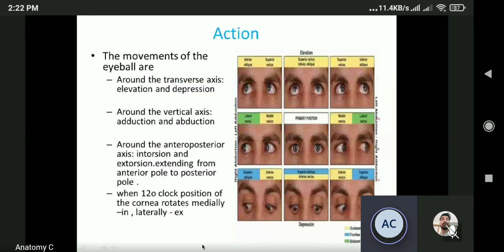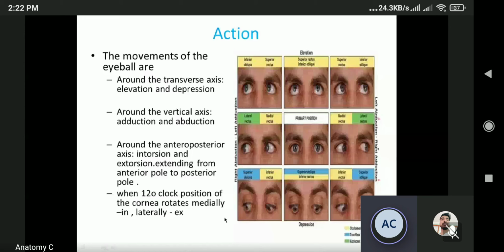Assume the clock at the 12 o'clock position on the cornea. If the cornea rotates medially, that is intorsion, and if the cornea rotates laterally, it is extorsion. So you have to remember four: elevation is upward, depression is looking downward; adduction is towards the midline and abduction outward; and intorsion towards the nasal side and extorsion laterally towards the temporal side.